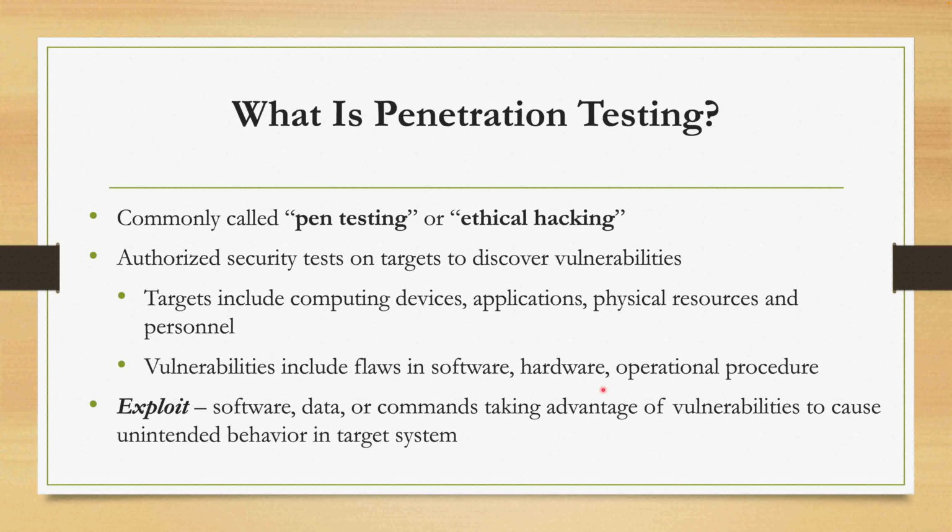For hardware, we look for design flaws, misconfigured devices, or weak encryption. For operational procedures, obviously we need to look at things like poor management of passwords, inadequate user training, or insecure communication protocols. So this will lead us to something called an exploit.